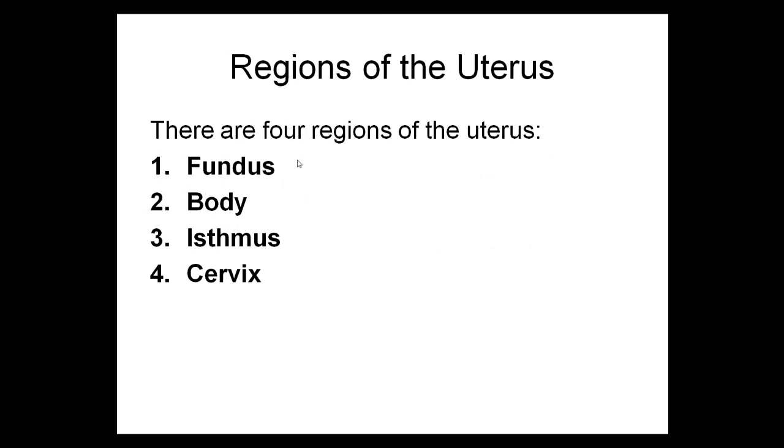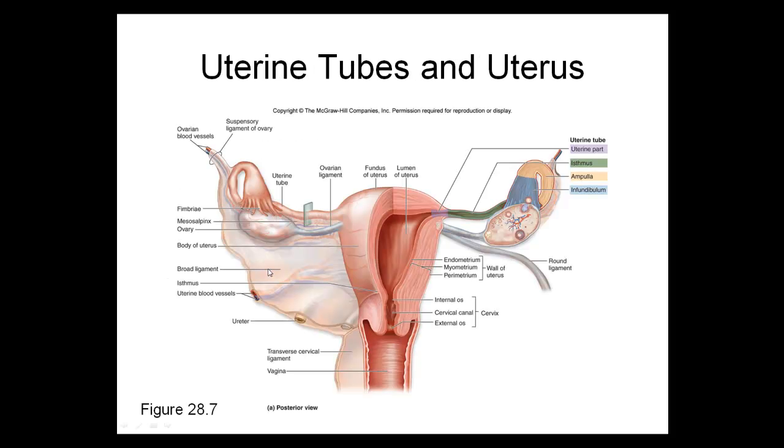Okay, regions of the uterus, sort of the same kind of regions we learned about when we talked about the gallbladder. So we have the fundus, the body, isthmus, and cervix. So let's look at those. If we draw a line between the two fallopian tubes here, from the opening of this tube to the opening of that tube, anything above that will be the fundus.